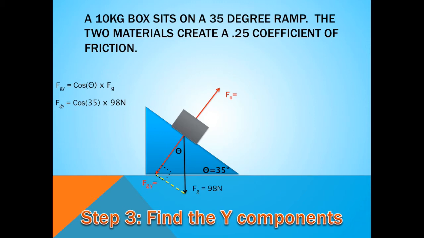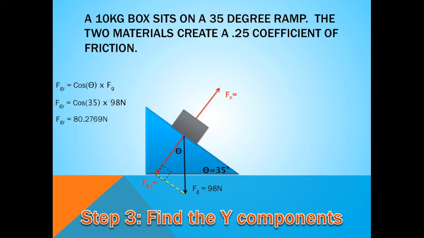In this case, we'll have the cosine of 35 times 98 newtons, and that'll give us an FGY of 80.2769 newtons. So the force of gravity is putting that much force on the actual angle of the ramp.